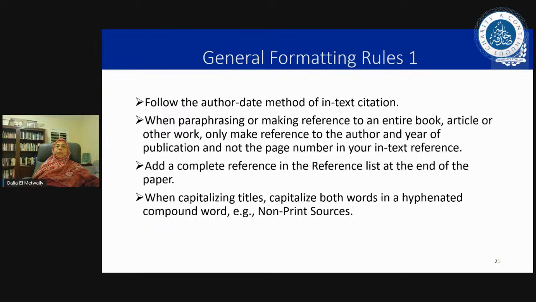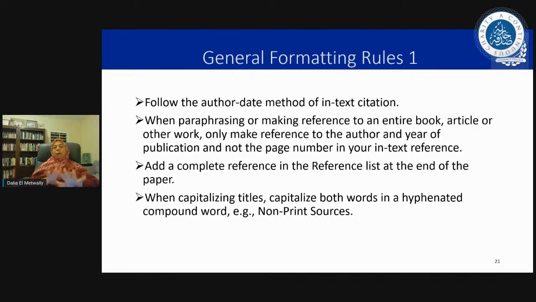So the basic rule is that you follow the author-date method of in-text citation. What that really means is that we are always going to start with the author's name followed by the date. And we are going to use that whether I'm quoting or whether I'm paraphrasing.